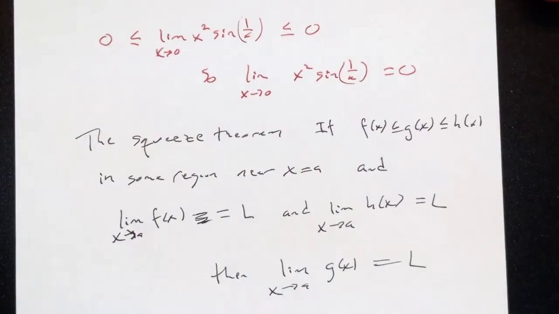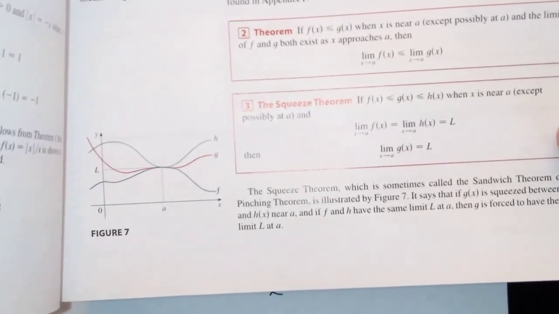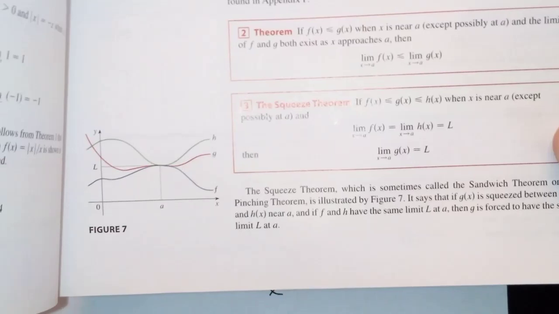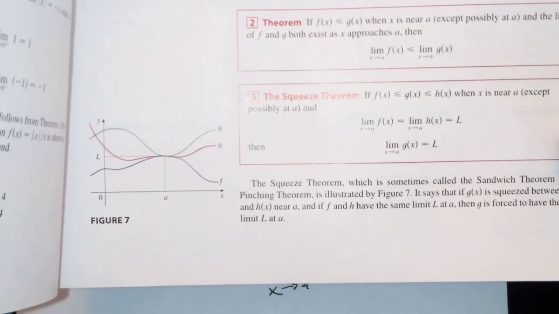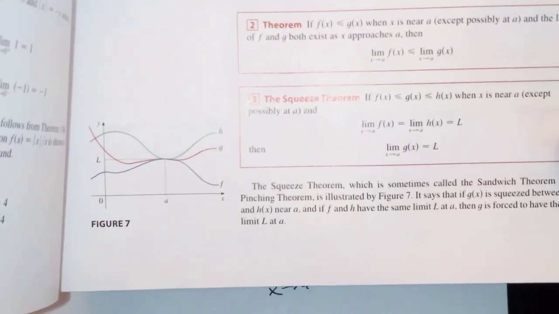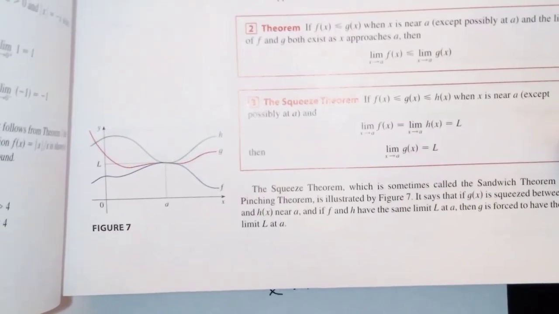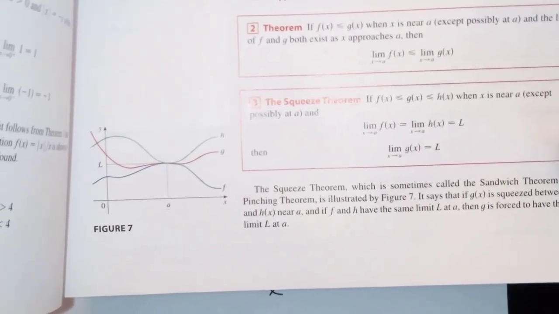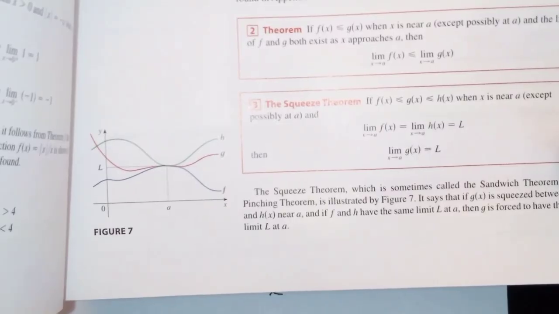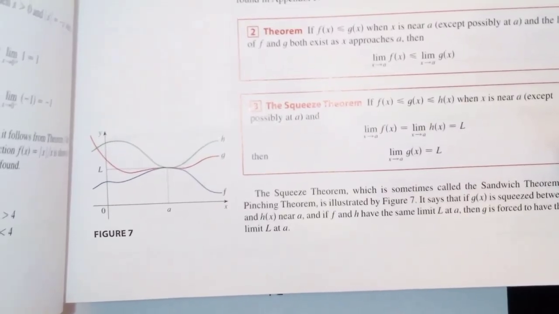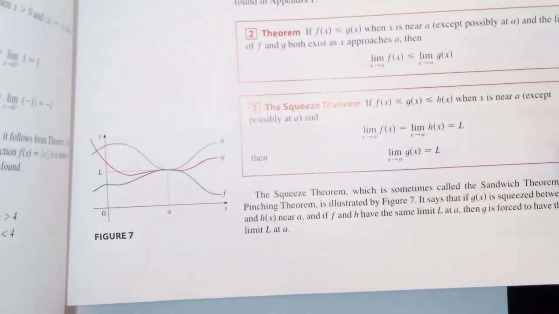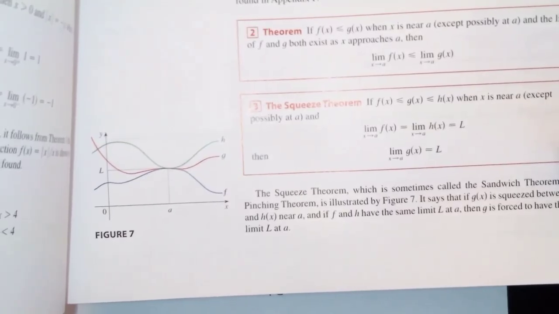Page 101, bottom of the page, is the squeeze theorem in a box. But the piece that matters to me, again, is the picture next to it. F of x in blue is the bottom function, g of x in red is the middle, and h of x in green is the top. Notice that at A, f and h touch, and g's trapped in the middle, so it must get brought along for the ride.